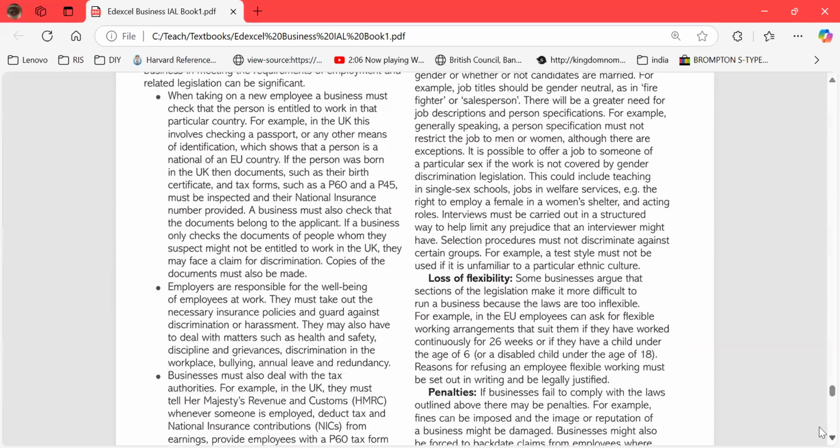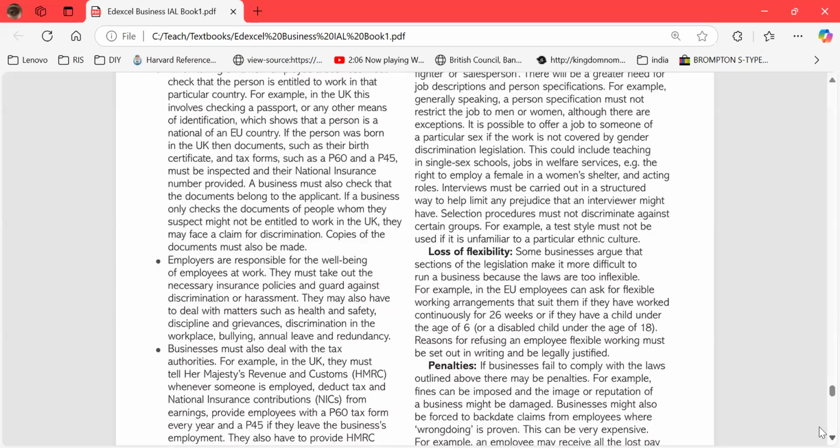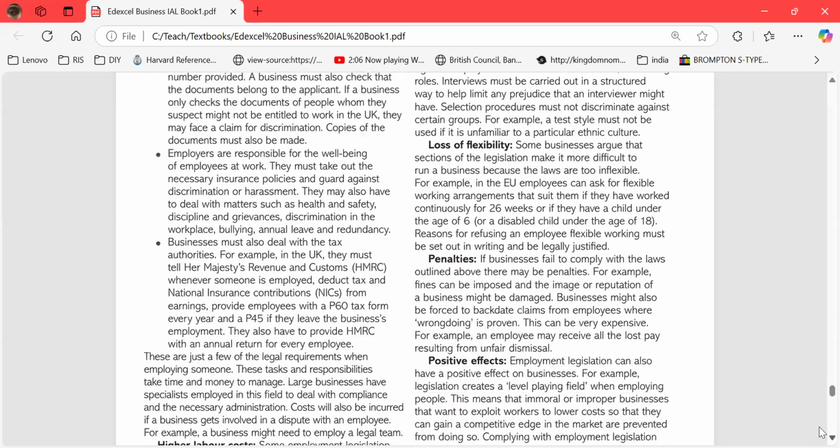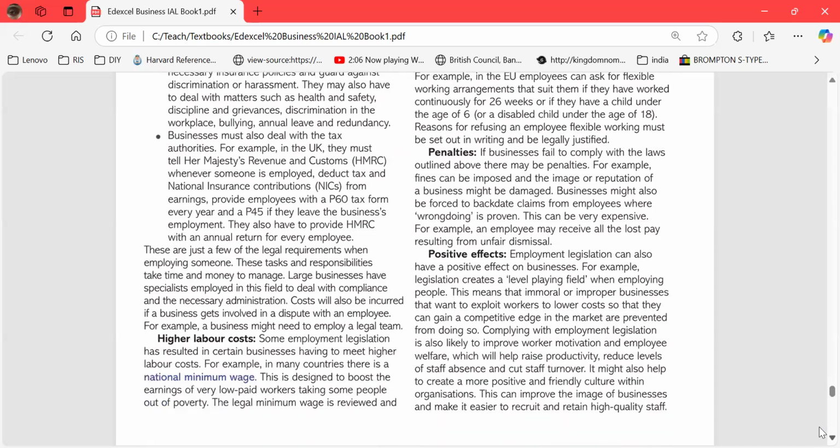And then we have loss of flexibility. Things might become a bit rigid for the business. Not all kinds of practices are allowed because of the specific guidelines mentioned in the legislation. Then we talked about the penalties. It's there. So see, lots of negative effects are there.